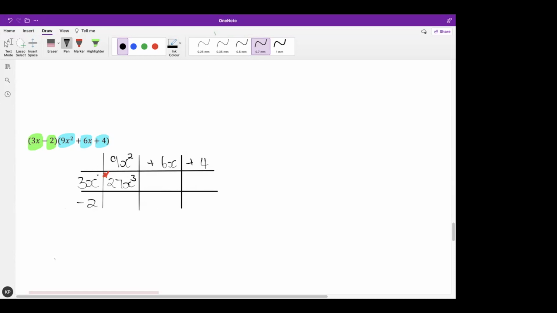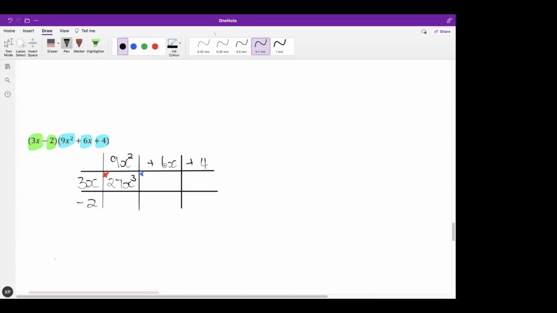So let's go across. In the second block, the ones that intersect are 3x and positive 6x. 3x times 6x. Firstly, is it a positive or a negative answer? Okay, there we go. Iminati has answered us.